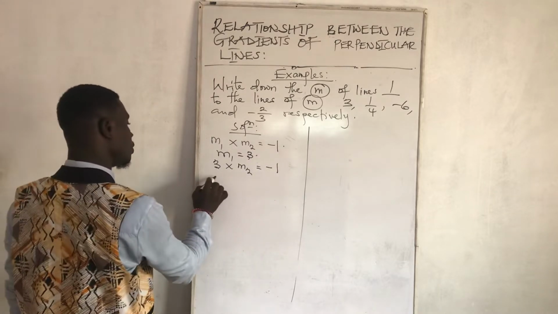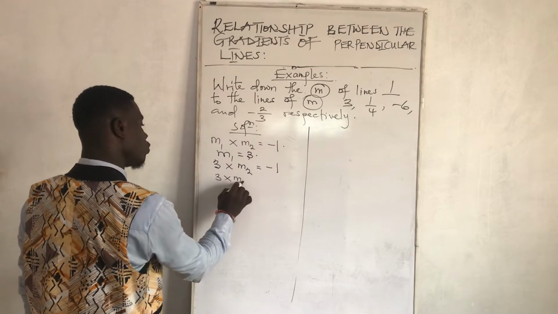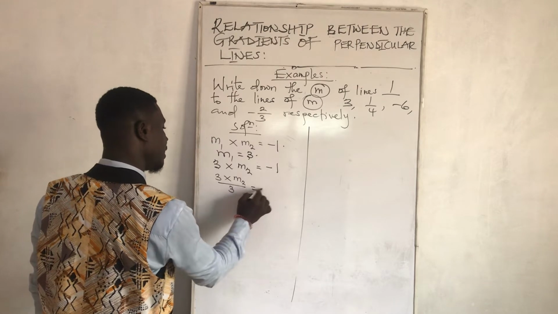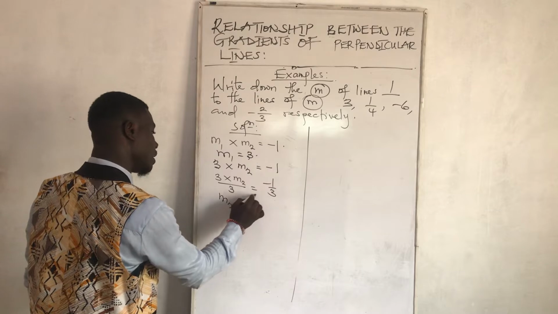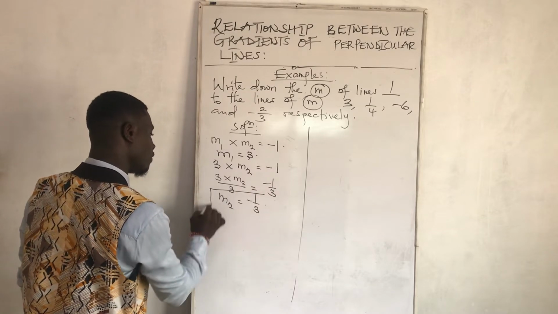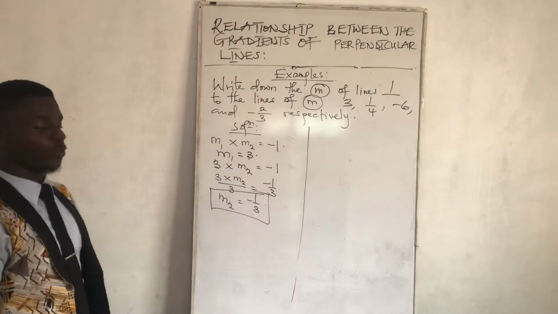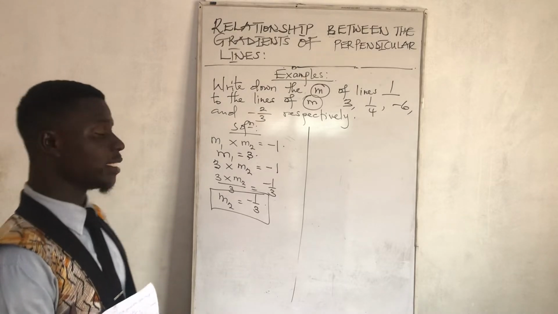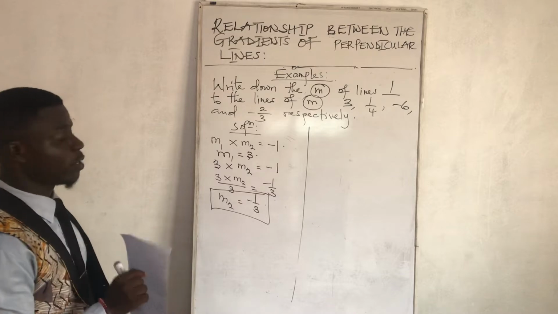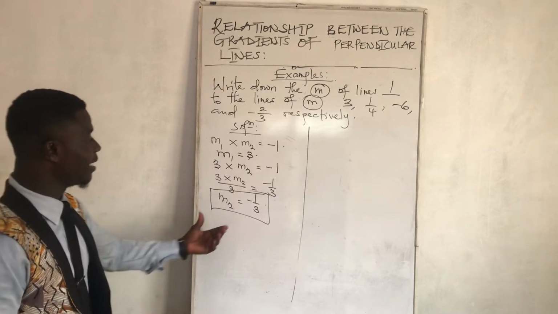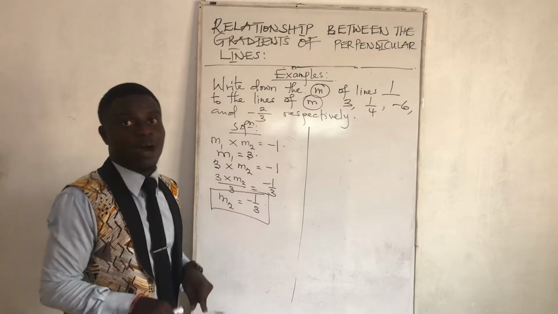So m1 is +3, then we substitute: 3 times m2 equals -1. We divide by 3 on both sides, so m2 equals -1/3. So this is the unknown gradient, and now it is known.